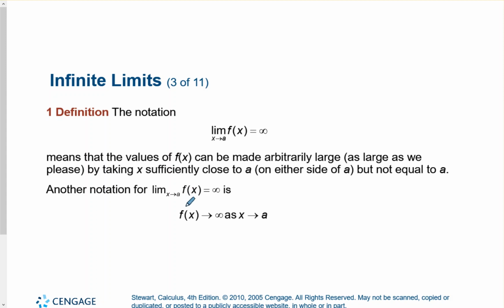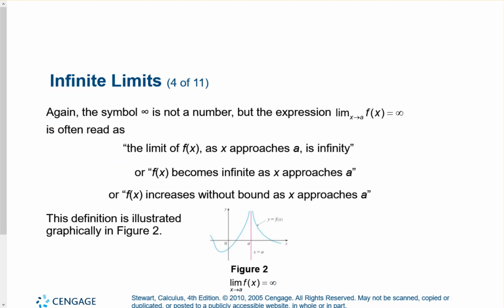Another notation would be f of x approaches infinity as x approaches a. Just remember infinity is not a number, but the expression equals infinity is often read as the limit of f of x as x approaches a is infinity. Or we could have any of these other versions.